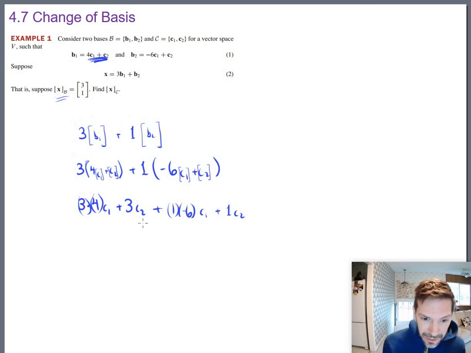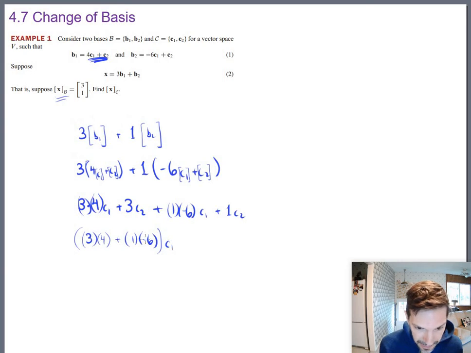So my C1 is going to be 3 times 4 plus 1 times negative 6, all that times C1. Numerically, there's nothing wrong with turning this into 12 minus 6 is 6, 6 of C1, but I'm going to leave it written out like this. And same thing, C2 is just going to be 3 and 1, 4 C2, but I'm going to keep that as 3 plus 1.